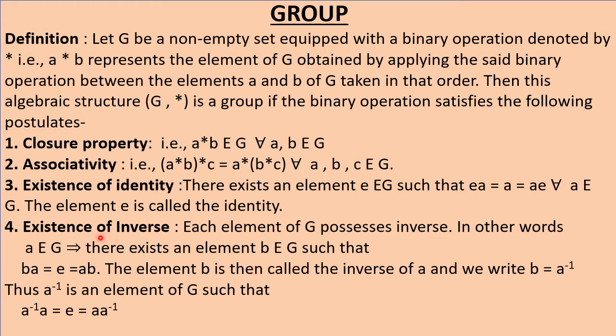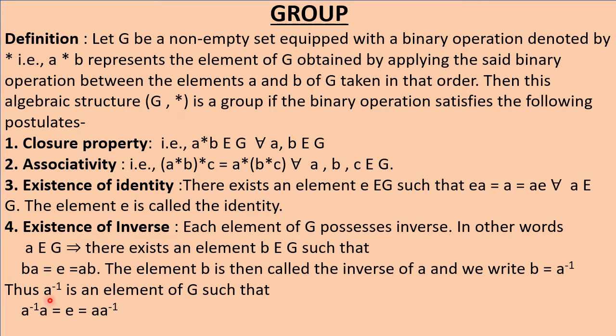Fourth one is existence of inverse. Each element of G possesses an inverse. In other words, A belongs to G implies there exists an element B which belongs to G such that BA is equal to E is equal to AB. The element B is then called the inverse of A, and we write B is equal to A inverse.